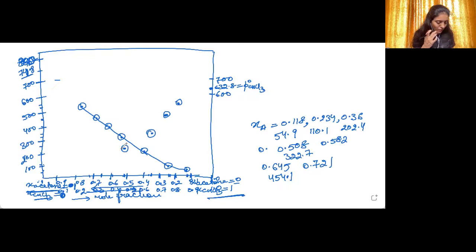Then next one is when the mole fraction of acetone is 0.582, approximately here. The value of chloroform vapor pressure is 193.6. We can take it approximately here. It will be like this.